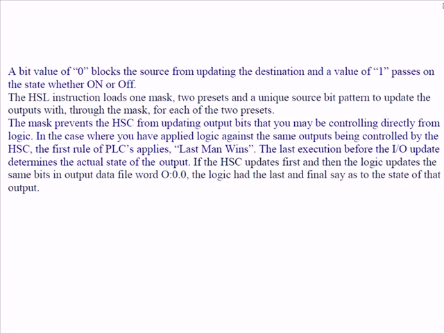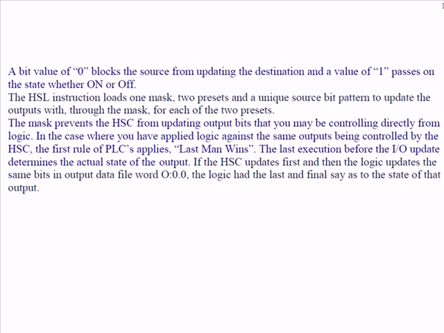The high-speed load instruction loads 1 mask, 2 presets, and a unique source bit pattern to update the outputs with through the mask for each of the 2 presets. So it loads a mask, 2 presets, and 2 unique source bit patterns to update the outputs with.